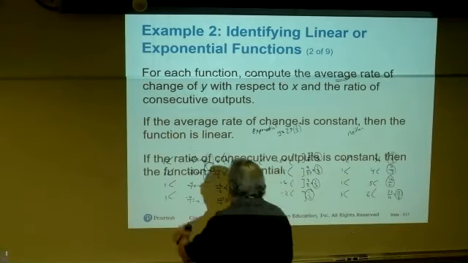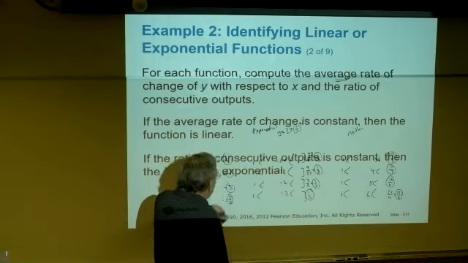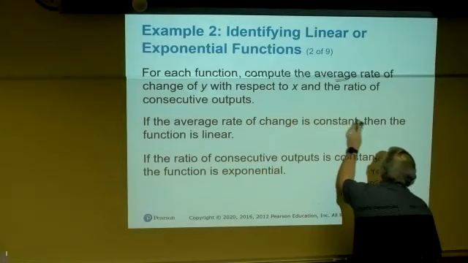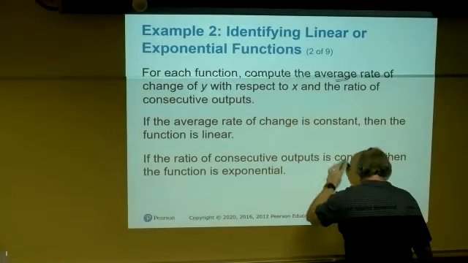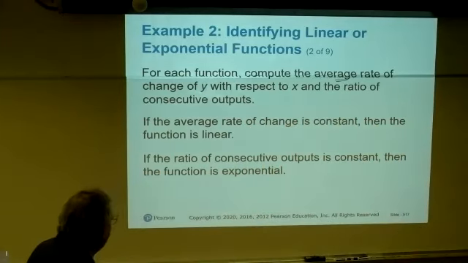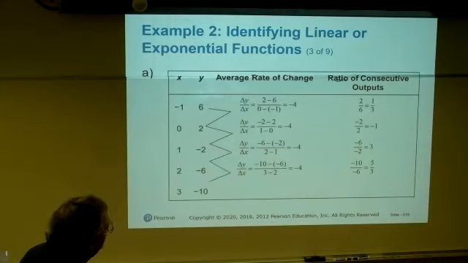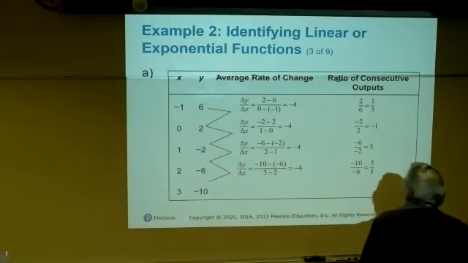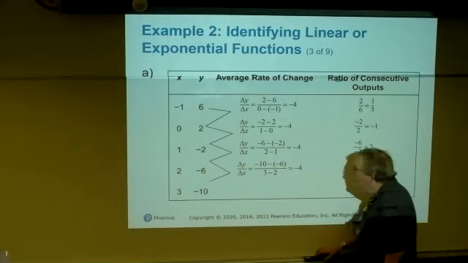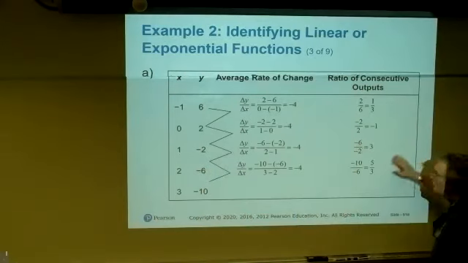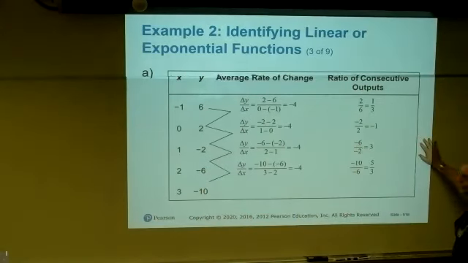If the ratio of consecutive outputs is a constant, like we got 1/3 on the second set of data, then the function is exponential, and if neither happens, then it's neither. So they did the average rate of change and the ratio of the consecutive outputs, and they got the same numbers I did, I believe. And it showed that it was linear.